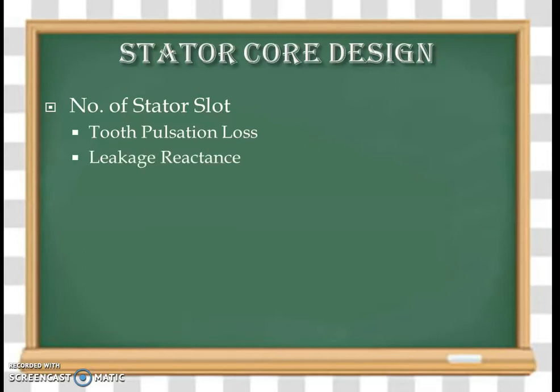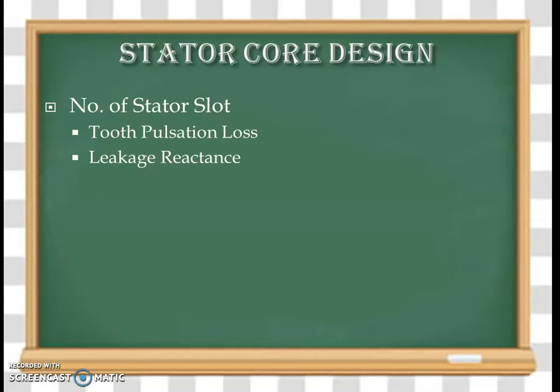Second parameter is leakage reactance. By using large number of slots, more insulation and so reluctance path for the leakage flux will be more. So leakage reactance will reduce. This will increase the diameter of the circle diagram and overload capacity of the motor eventually increases.